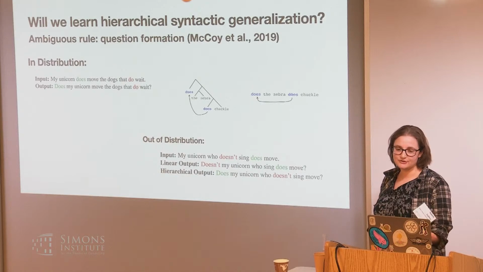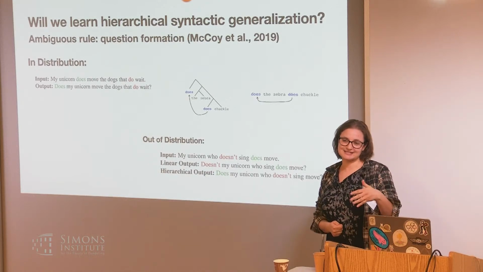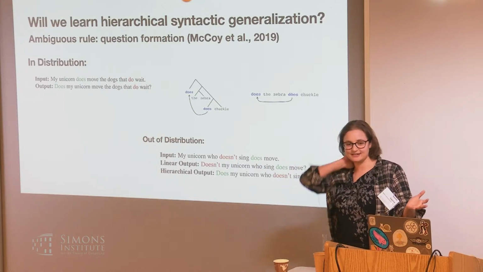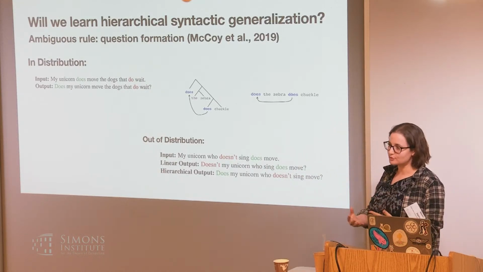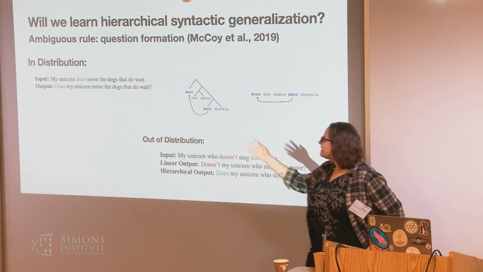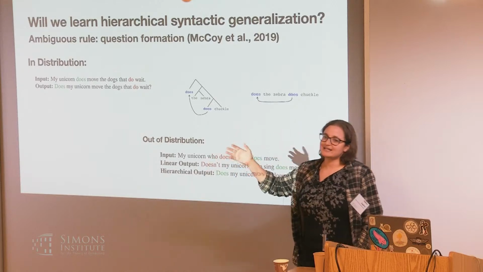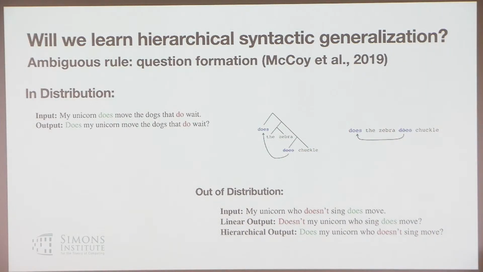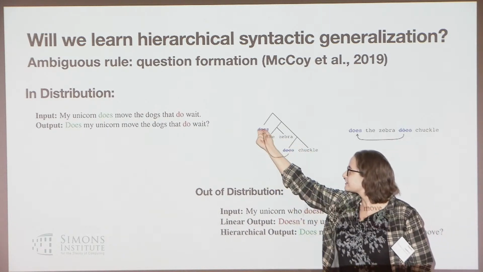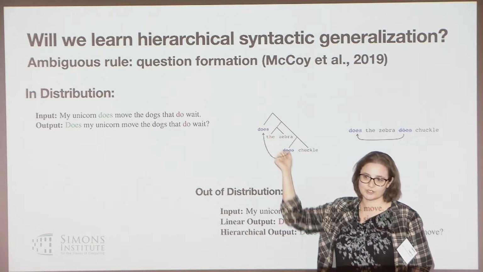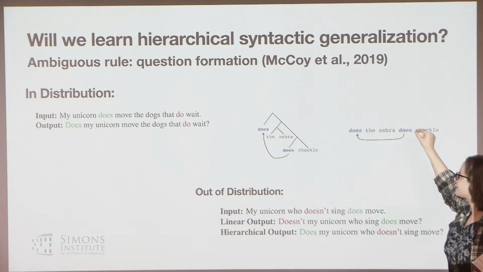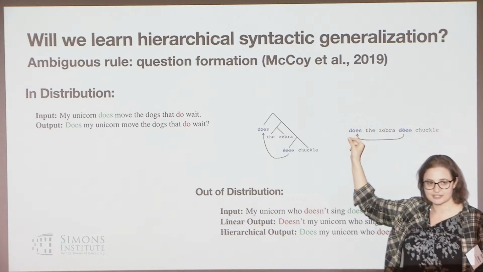And so we use a few different tasks that differentiate between different rules that you could learn. In this example, in distribution, you're not exposed to anything that tells you whether to use this hierarchical rule, where you take the main auxiliary verb and front it, which is how you do question formation in English, versus a linear rule where you just take the first auxiliary verb you see and front that.